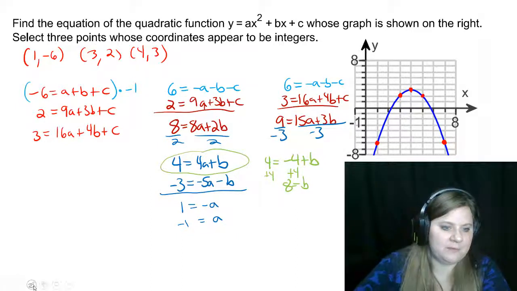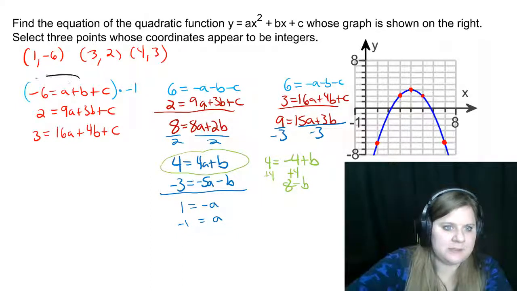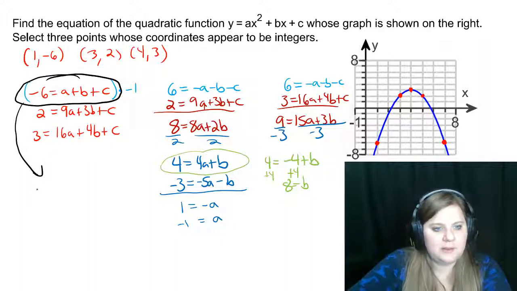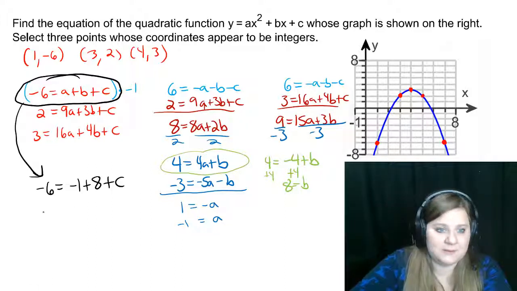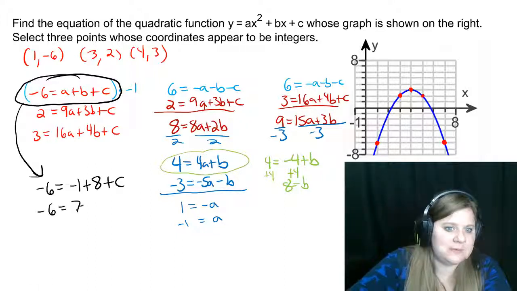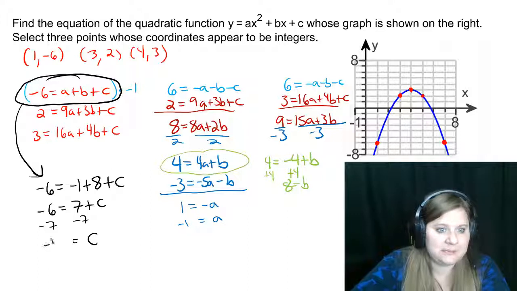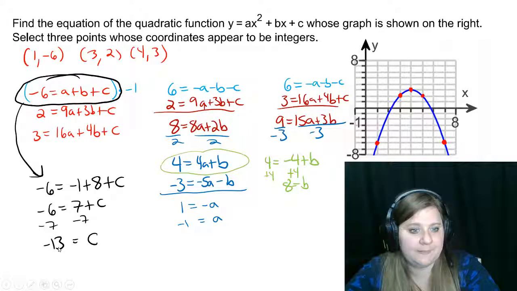And then I'm going to solve for c. I would use this first equation because it has the least going on. So I have negative 6 equals a is negative 1, b is 8, and I'm solving for c. So negative 6 equals 7 plus c. I can subtract 7 from both sides, and I get that c equals negative 13.